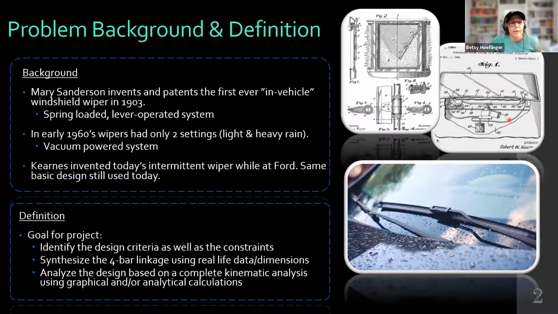And then in the 1960s, Robert Kearns invented the basis of what we use today as a windshield wiper. And it's actually kind of funny how that happened. He had some sort of accident with his eyes, and it affected his driving.